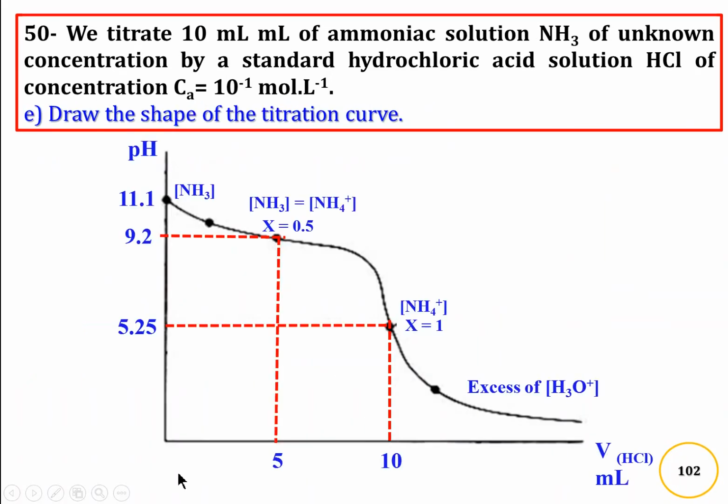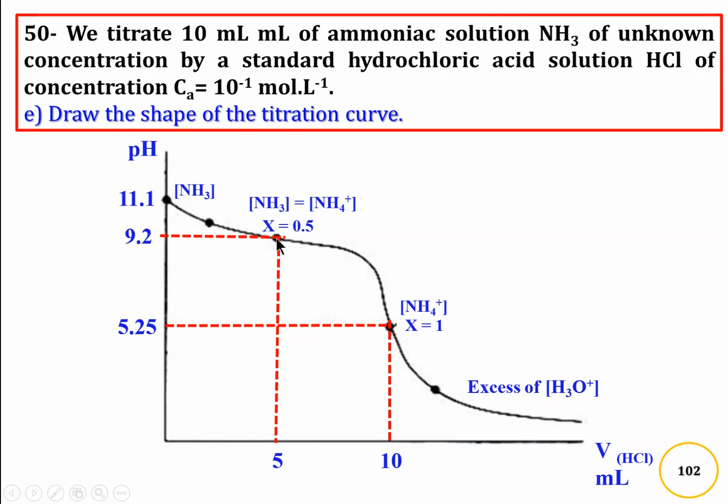What is the shape of the titration curve? The titration curve will start from basic pH to acidic pH, since initially we have ammonia. So it starts at 11.1. When we add HCO plus, NH3 decreases and NH4 plus increases.